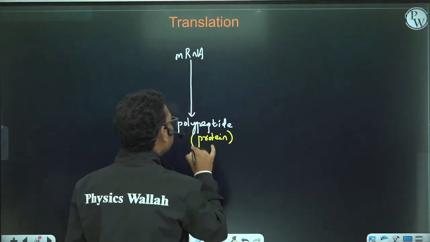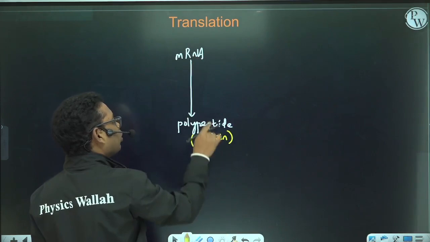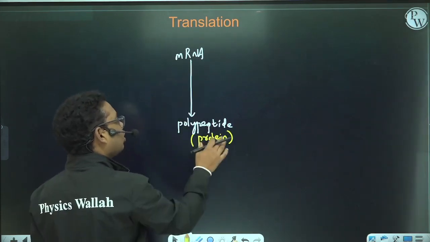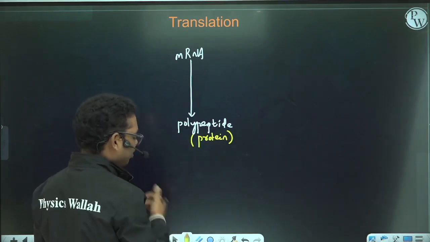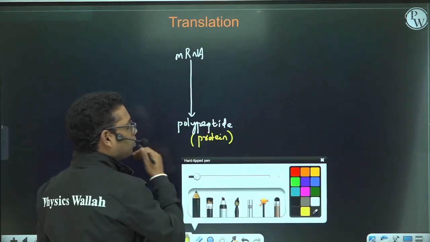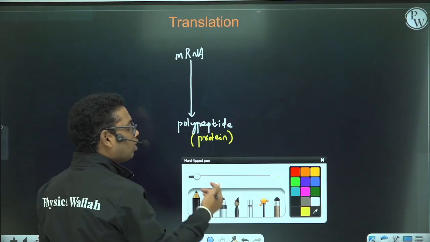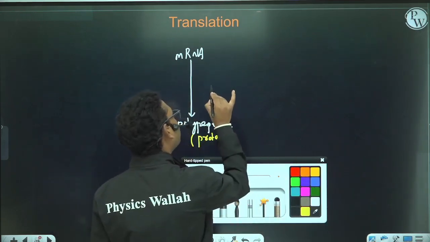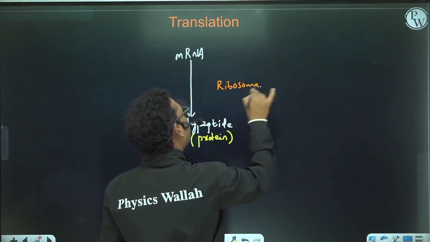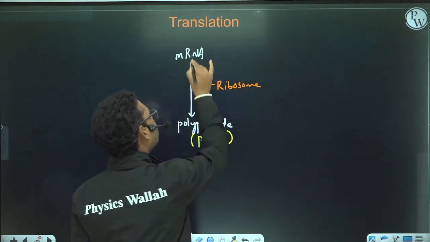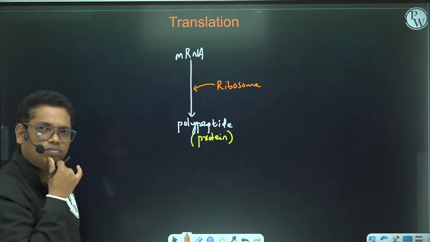So in simple terms, the process in which mRNA produces protein or polypeptide is translation. And the polypeptide is synthesized by whom? By the ribosome. The ribosome is the machinery which performs this translation.